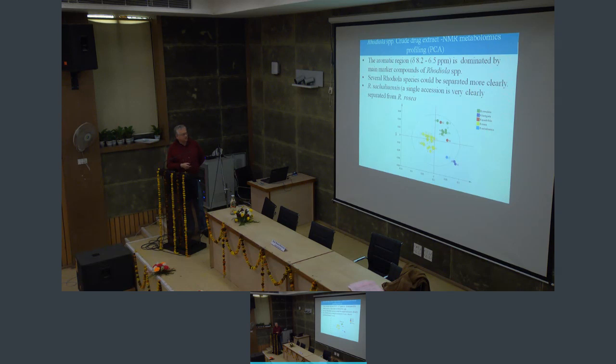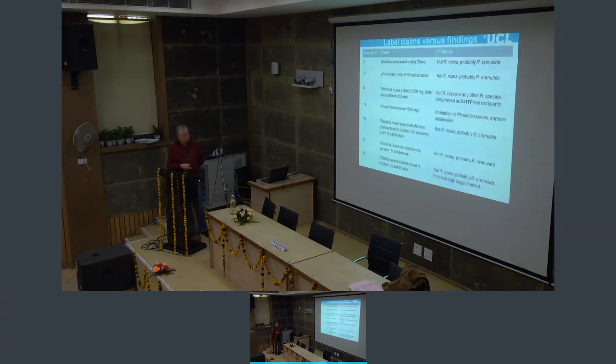So we again looked at a series of products, and this is some of the results which you see here. And what you can see here are these differences, that we actually find differences between the species. Sorry, let me go back one. We looked at the finished products to start with, and the finished products again resulted in about a quarter being problematic in terms of the composition not being what it claimed to be. Now, some of them are quite easy to find out.